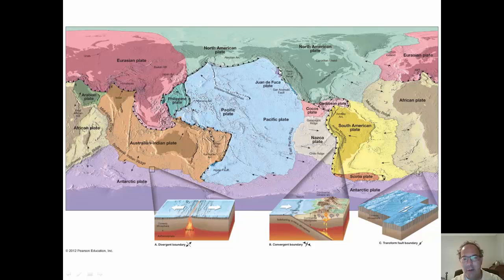So there is one just offshore from our own country, the Pacific Northwest of our own country. There are other convergent plate boundaries off the coast of southern Mexico, Central America, South America is a place you find a convergent plate boundary.